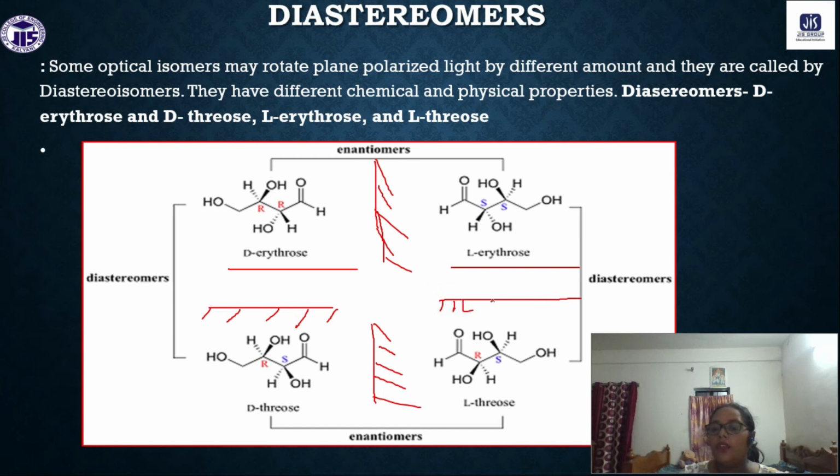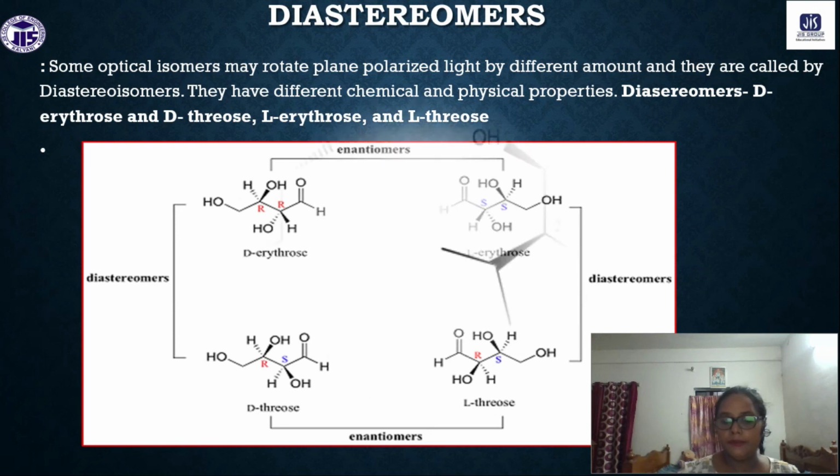Okay, now if you see that mirror, L-threose is not at all the mirror image of L-erythrose, so that is why these two are a pair of diastereomers. Okay, these are some examples of diastereomers. So D-erythrose and D-threose, and L-erythrose and L-threose, they are pairs of diastereomers.